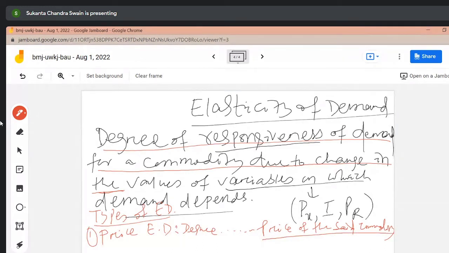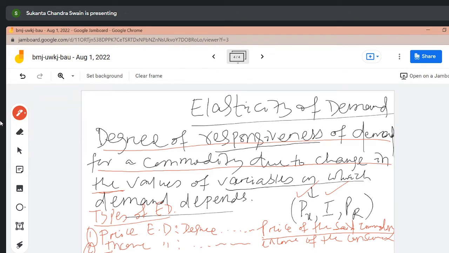This is price elasticity. Second is income elasticity of demand. Same thing: degree of responsiveness of demand for a commodity due to change in the income of the consumers.